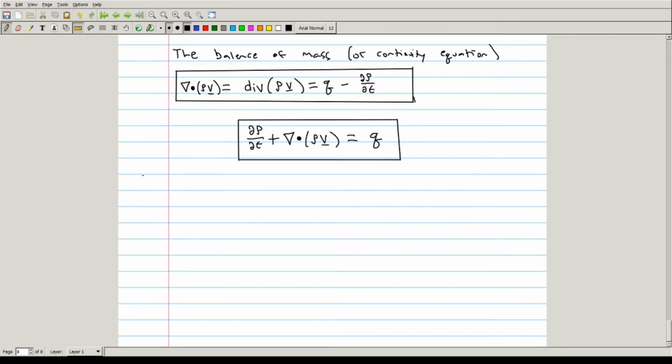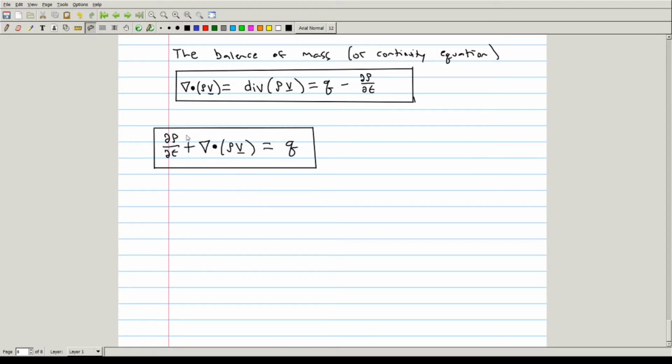One of the main reasons is that we can look at this in a slightly different manner. One of the properties of the divergence that's really nice, and I recommend you going through and showing, is that as long as the vector field v and the scalar field rho are smooth enough, the divergence obeys a sort of product rule.